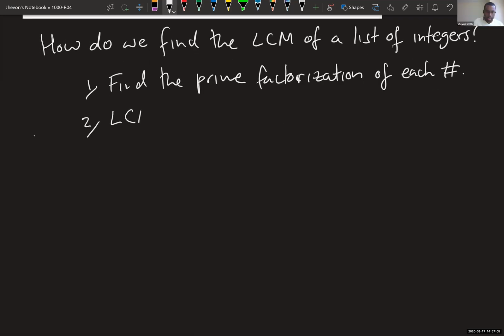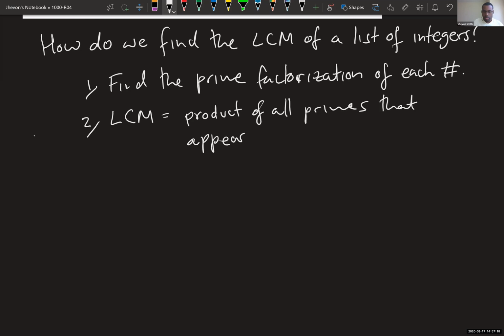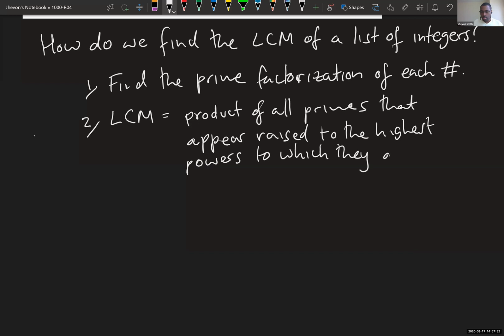Okay, so the LCM is equal to the product of all primes that appear raised to the highest powers to which they appear. So that's how you find the LCD.